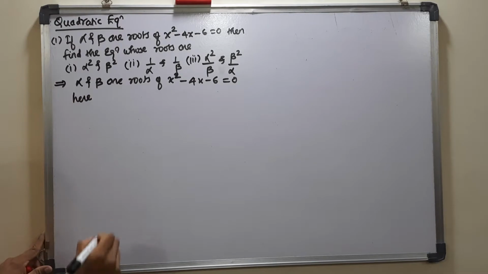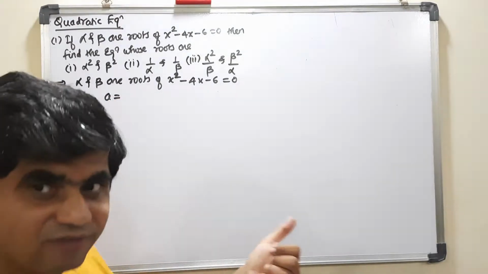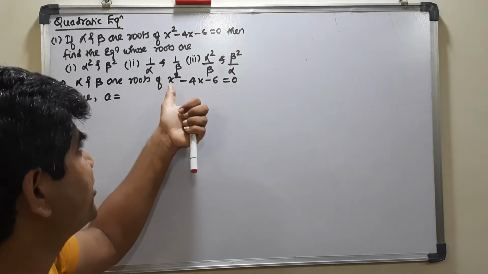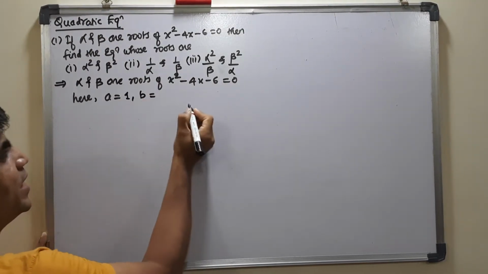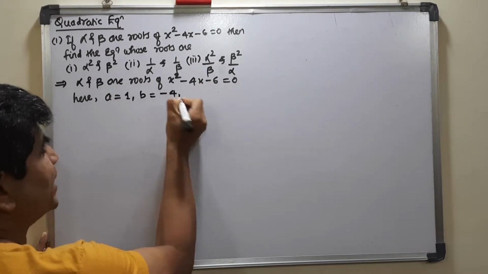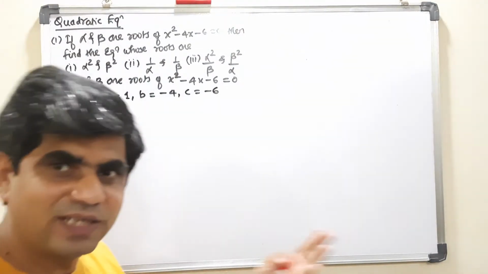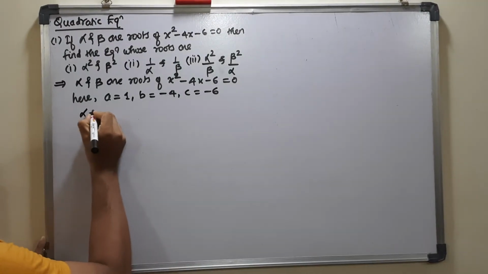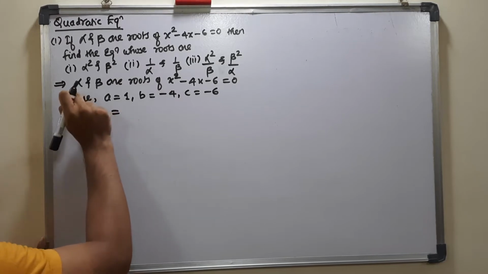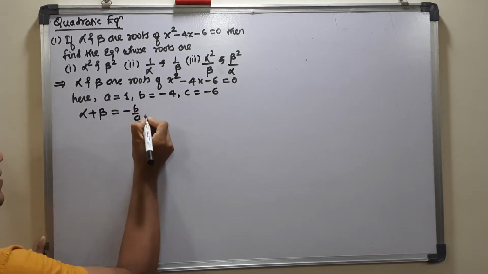So obviously here the value of a is the coefficient of x square, that is 1. Value of b is the coefficient of x, that is minus 4, and value of c is equal to minus 6. Then as per the theory that we have studied, the sum of roots, that is alpha plus beta, because alpha and beta are the roots, is minus b by a.